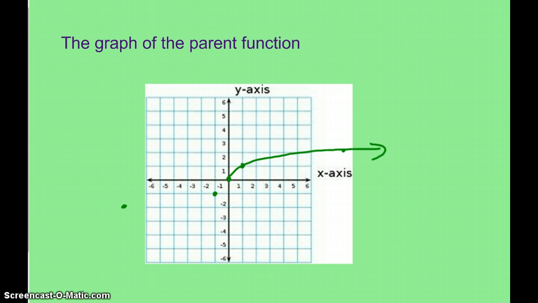It just gets flatter a little bit quicker. The big difference between the cube root function and the square root function is the cube root can go into the negatives, so therefore we continue that graph in both directions, where it looks like our square root function going in both directions.